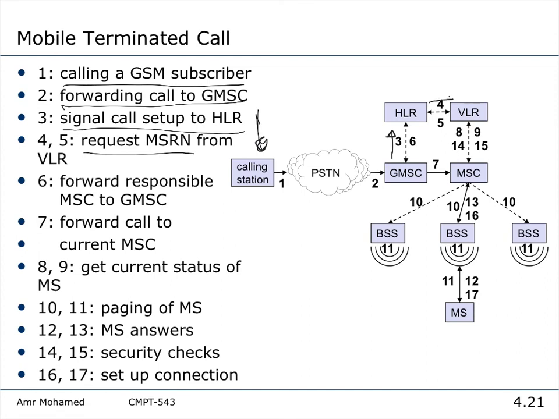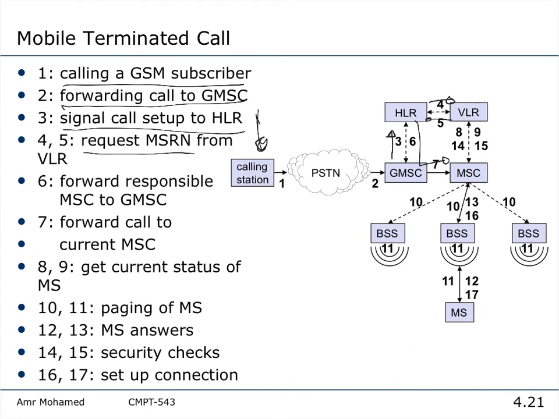Which is number 4, right? Then this call will go back to the HLR with the information about this mobile station. Then the HLR will forward this call to the mobile switching center of this location area to take an action regarding finding me in this location area.